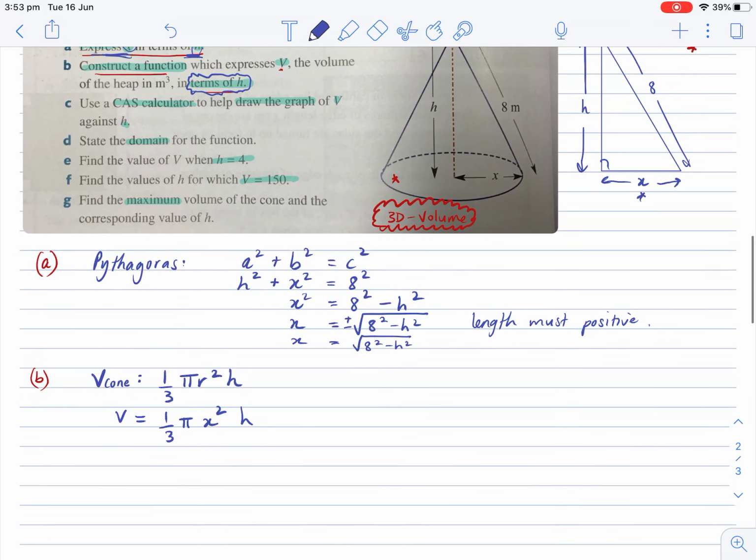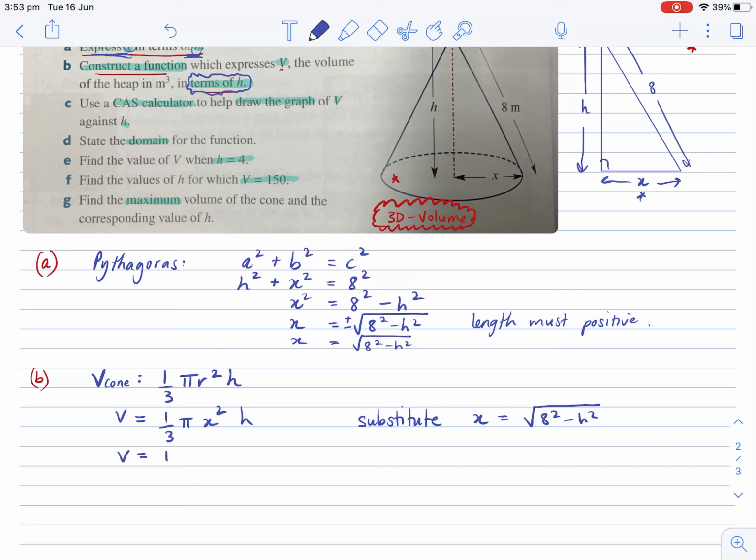So what I have to do now is substitute in that first part, or part A of this problem. I have to replace the x with this expression.